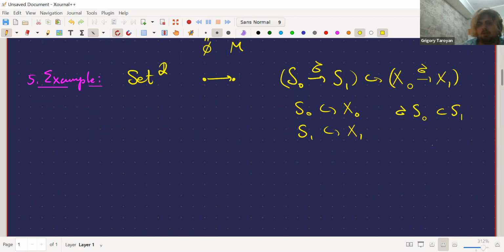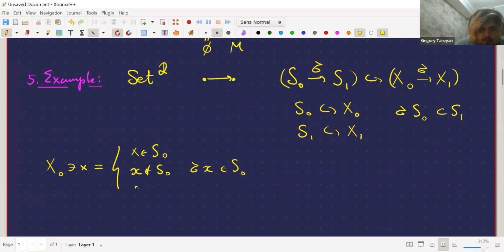Now we can split the set X0 into three parts. We have three distinct possibilities. x already belongs to S0. x does not belong to S0, but sigma of x belongs to S1. Finally, x does not belong to S0, and sigma of x does not belong to S1 either.